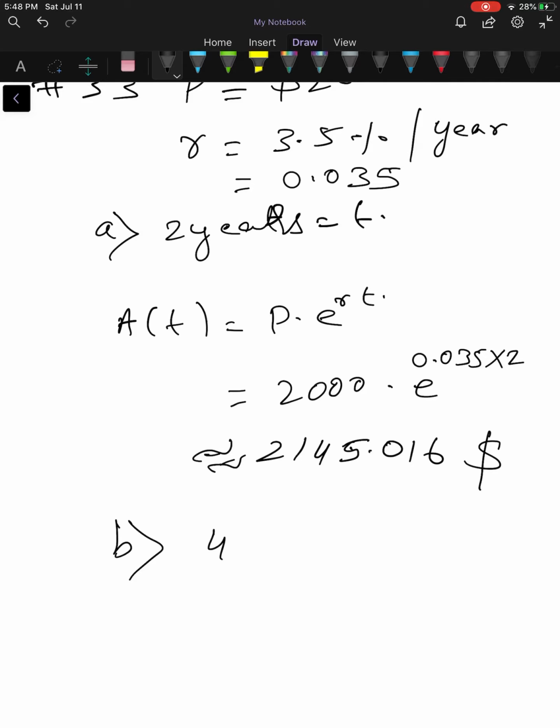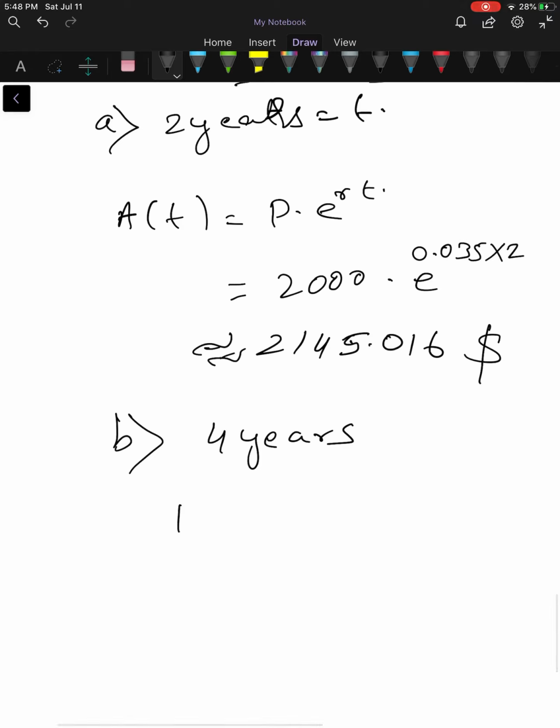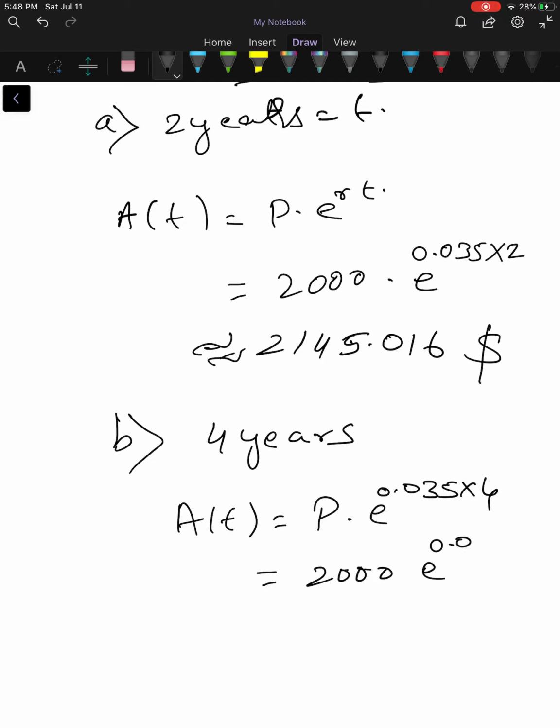You can do the same for the rest of the years, 4 years, and I will just do this one, and the rest you can do by yourself. I think you will have to do it for your homework problem. Times 4, so that is 2000 e to the power of 0.035 times 4.